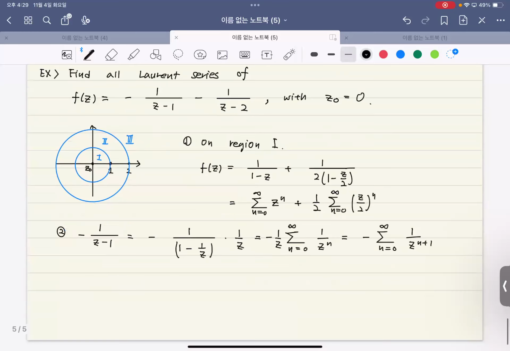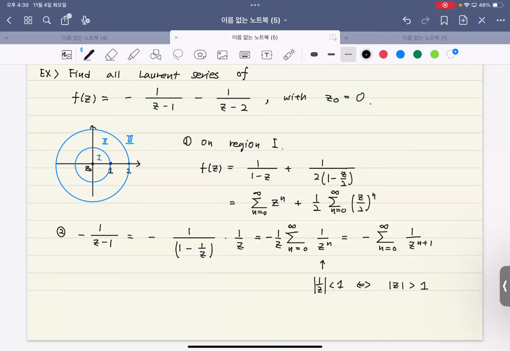And since this expansion is true when the modulus of 1 over z is less than 1, in other words, this is true for all z whose modulus is greater than 1. Therefore, on region number 2, this is complete. So this is clearly true.